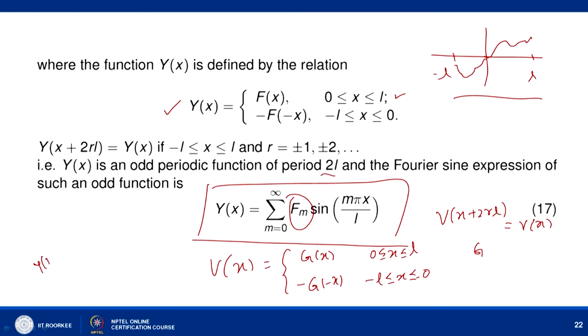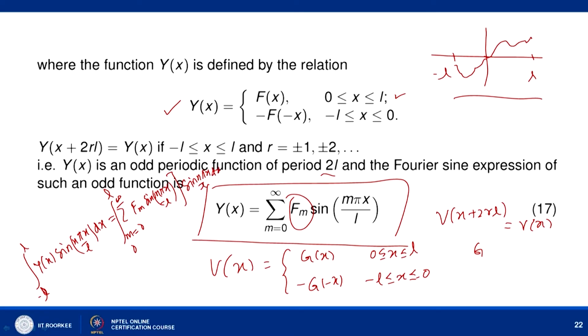So, you have y of x sin(n pi x by L) dx, and you integrate from minus L to L. You will get the summation over m of f m sin(m pi x by L), and then the inner product with sin(n pi x by L) dx.